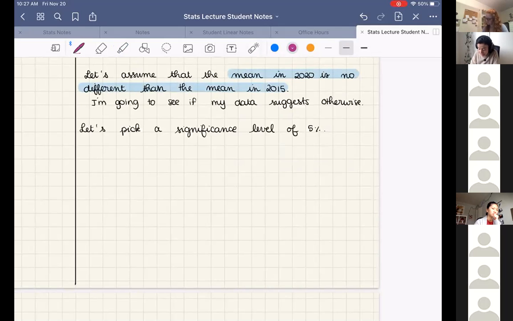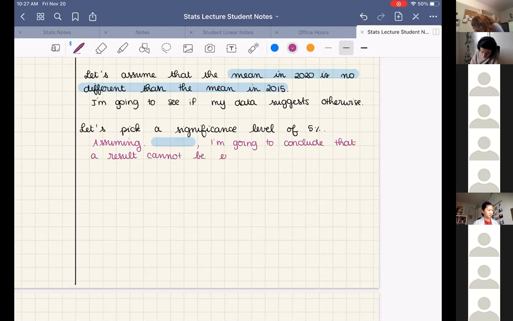What I'm going to try to show is that, assuming that the thing that I highlighted in blue is true, I'm going to conclude that a result cannot be explained by chance alone, if it is in the 5% most unlikely cases.